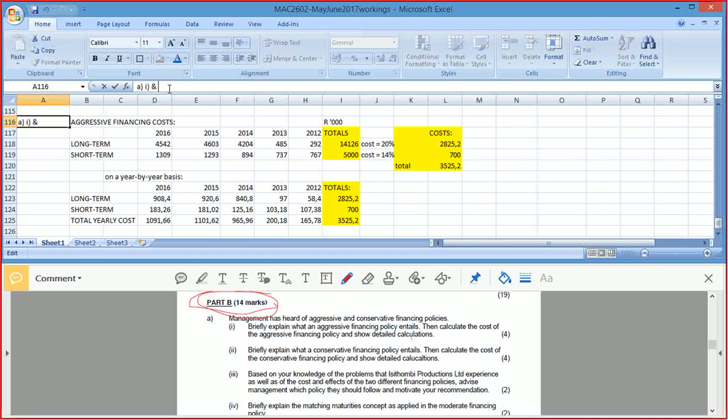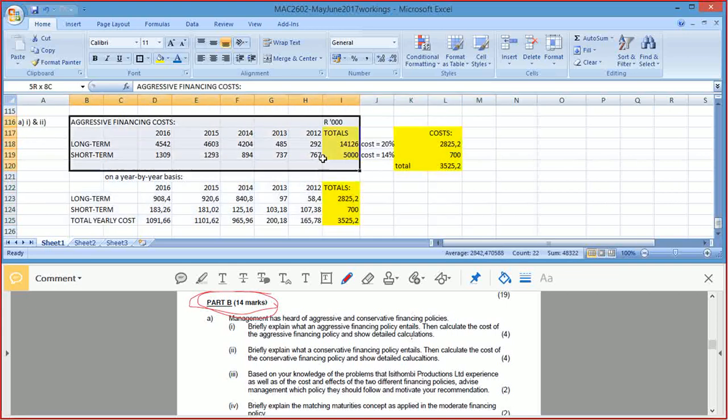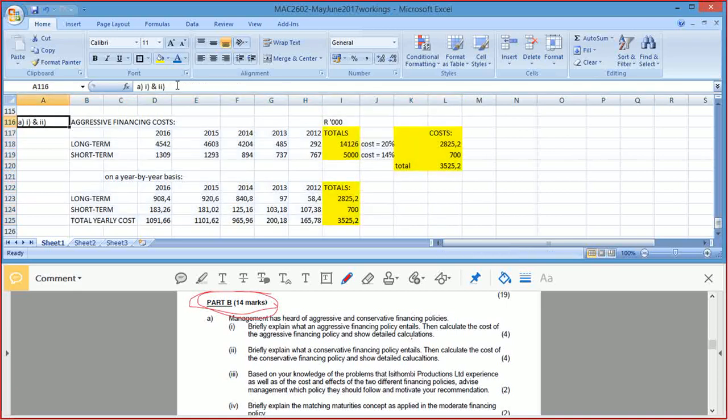It might be worthwhile doing all of it then, because I read the one question and then I just thought you had to do both, but it's split actually. Do you see that? Yes, sir. 1 is aggressive, 2 is conservative, and then that's 8 marks in total. So I've done aggressive here. Conservative, I actually do need to add.